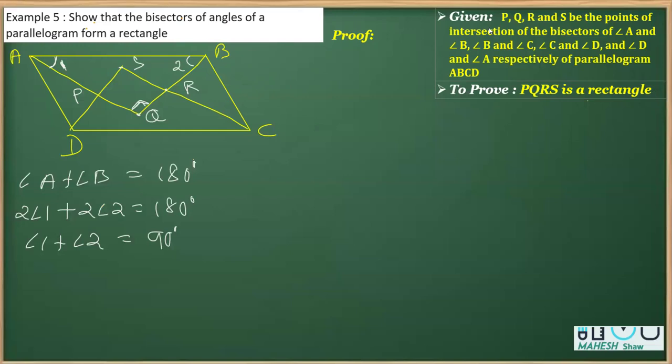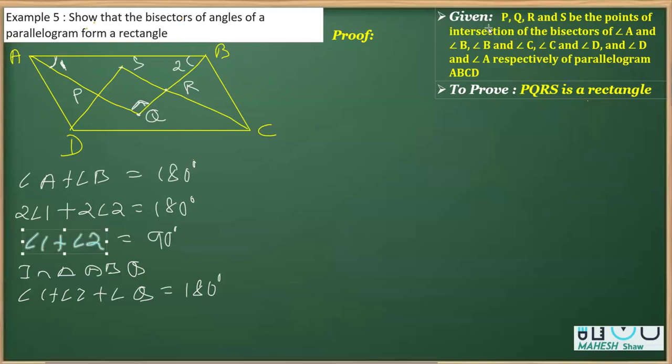After that, we are going to consider this triangle, that is triangle ABQ. We know the sum of the 3 angles of a triangle is equal to 180 degrees, so I wrote this equal to 180 degrees by the angle sum property. And then I can replace angles 1 and 2.